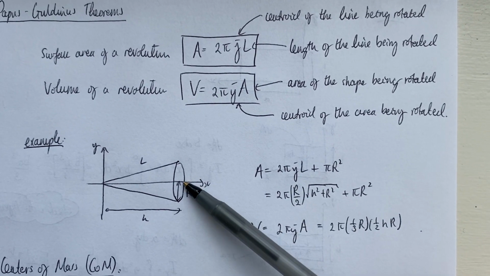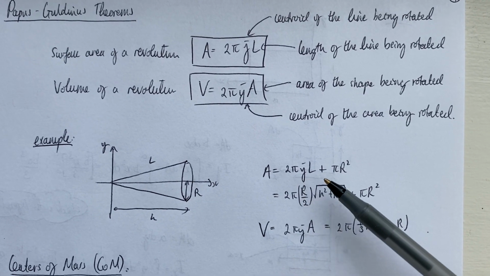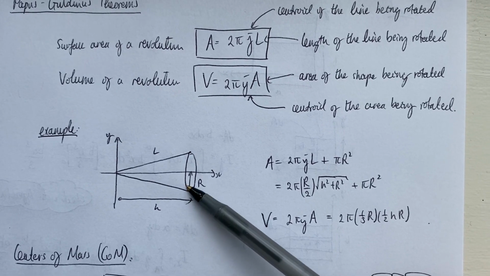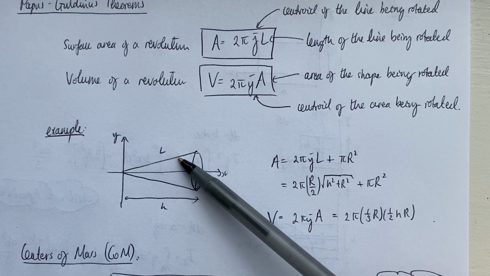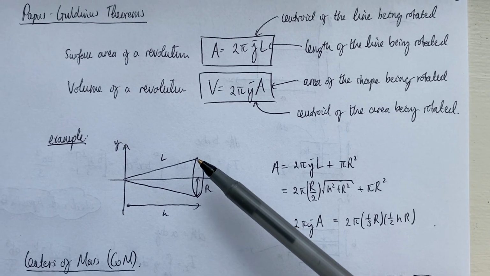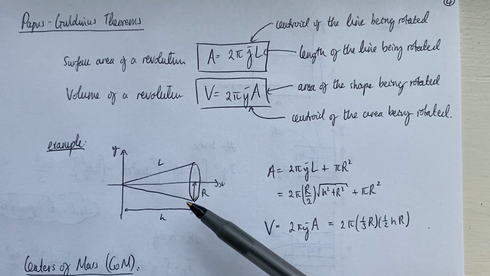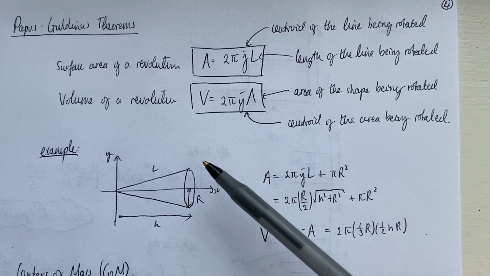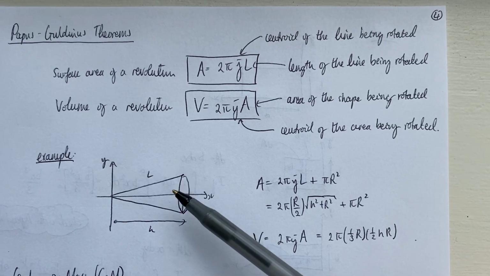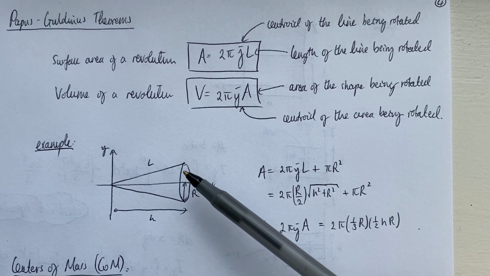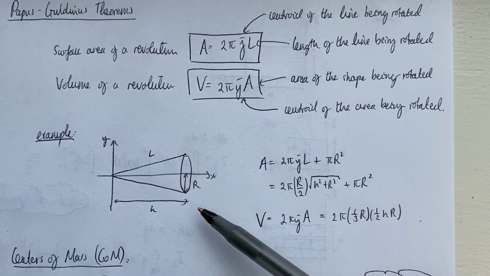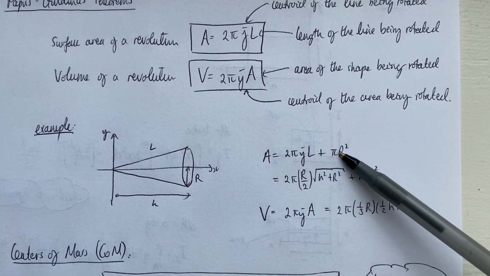So here I've got to remember that I'm including the area of the end of the cone as well as the area generated when I rotate L around the x-axis, right? So that's one thing that can go wrong with this calculation: when you rotate L around the x-axis, obviously we're going to get a shape with a hole through the middle. So to find the total area of the cone, I need to include the base of the cone as well, which is what this piece is all about on the end here.